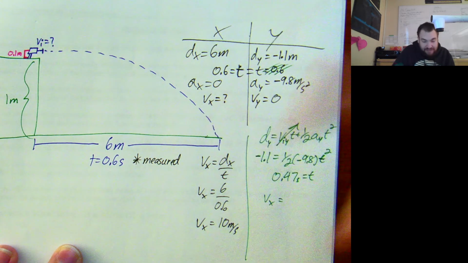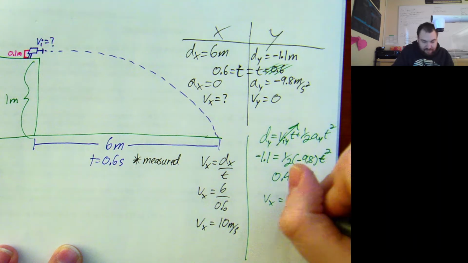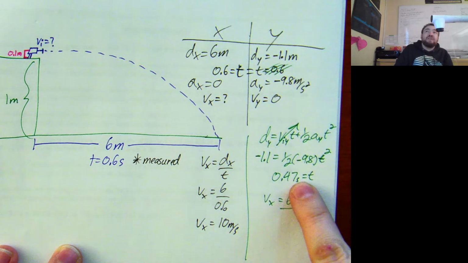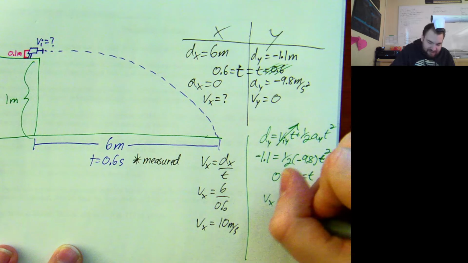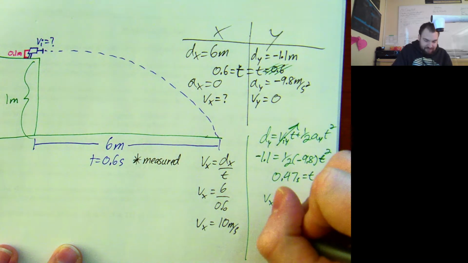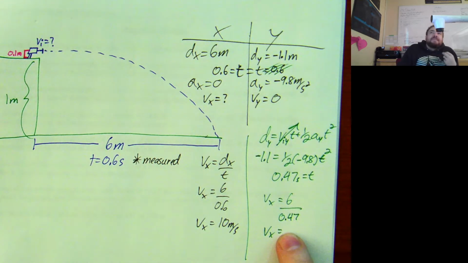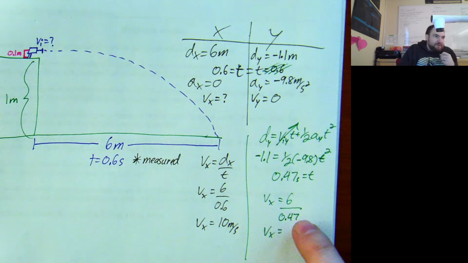We know it went 6 meters, but my theoretical time is actually 0.47 seconds. This number doesn't take into account my own inability to push stop. So how fast is the dart actually going?